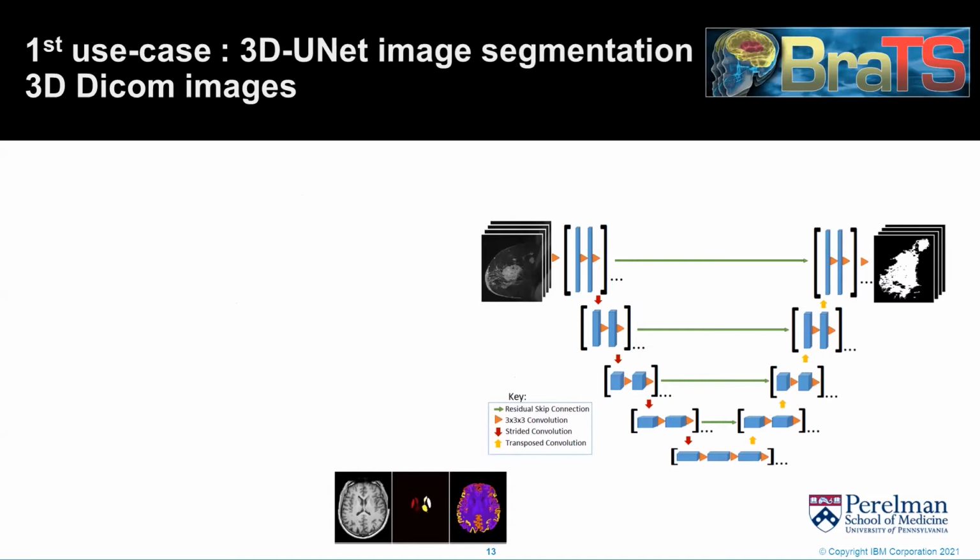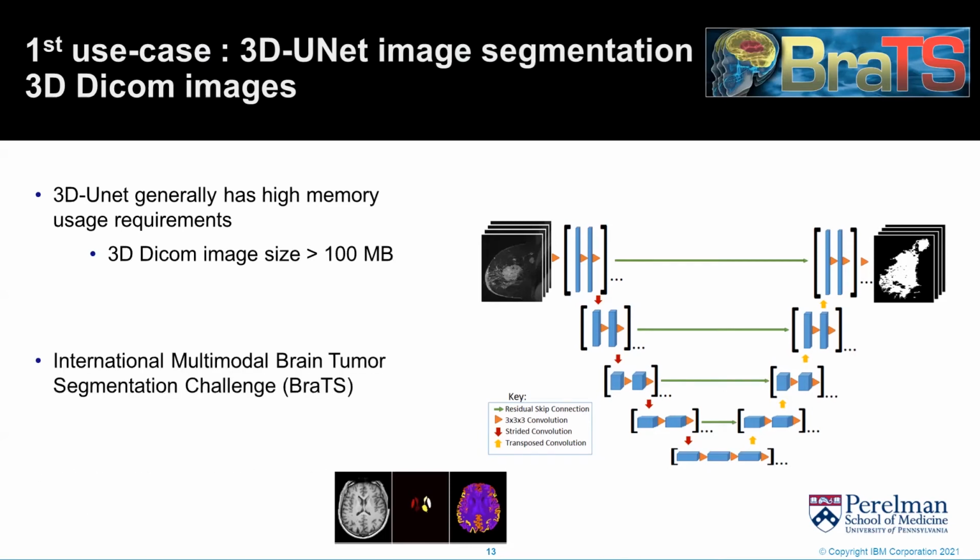For 3D, it's a 3D UNet use case again for the BraTS project, which is brain tumor detection. We have a specific 3D UNet that detects the tumor inside the 3D MRI scan.